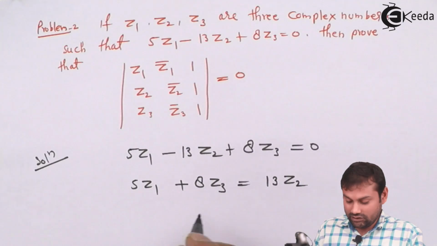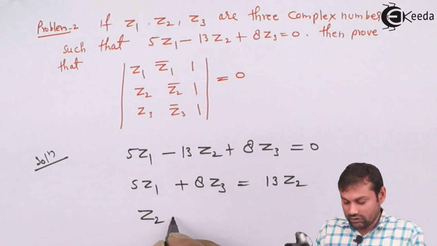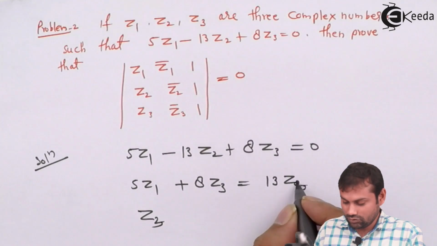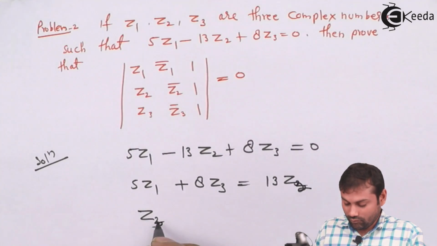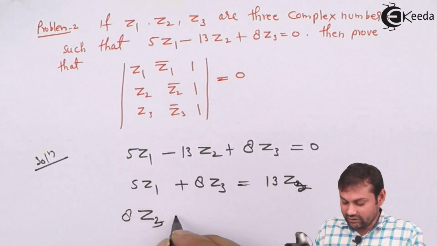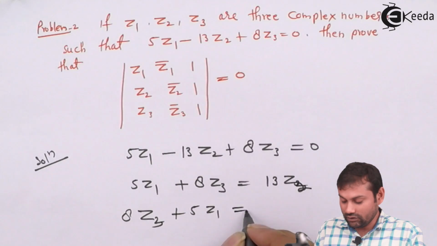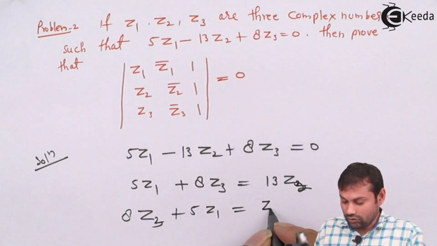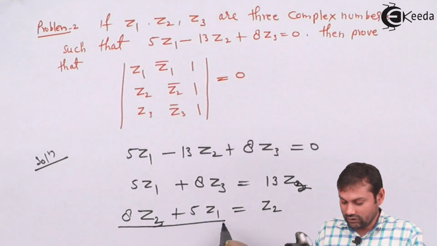We can divide by 13, so we get 5z1 plus 8z3 upon 13 equals z2.